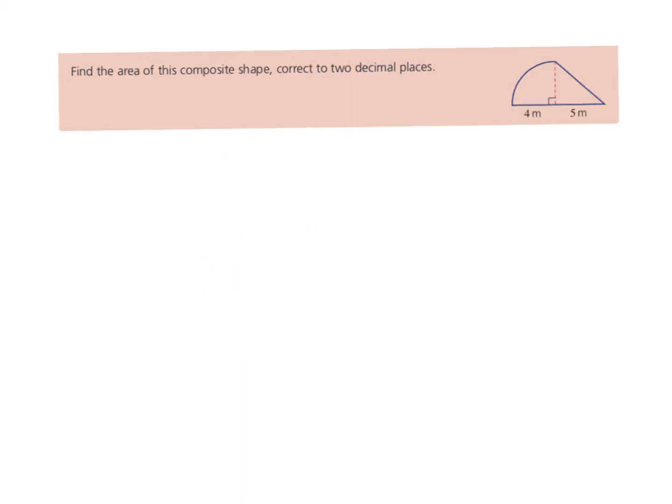Awesome, done. Okay, so now we're doing area of a composite shape. When you have composite shapes, it means it's more than one shape put together. So if you have a look, I'm going to call this part of my area shape 1, and I'll call this one here my shape 2.